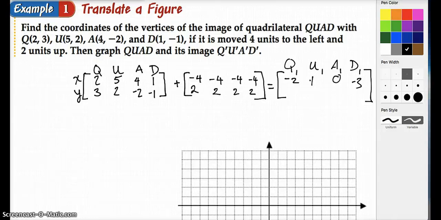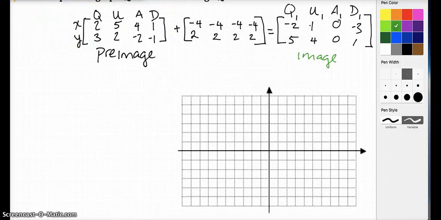And then the next row is going to be 5, 4, 0, and 1. And so thinking of these as my pre-image and my image, I'm going to graph them on the coordinate plane below.